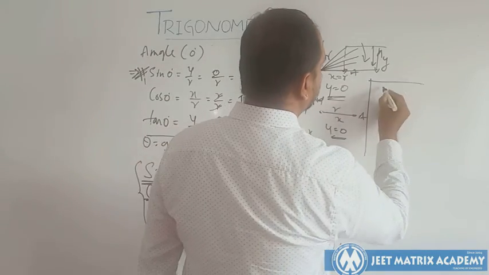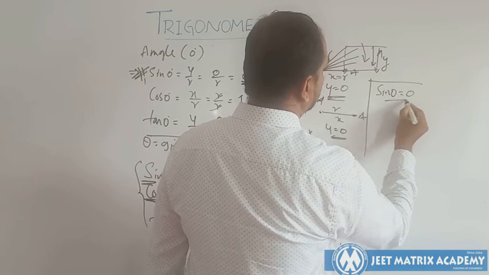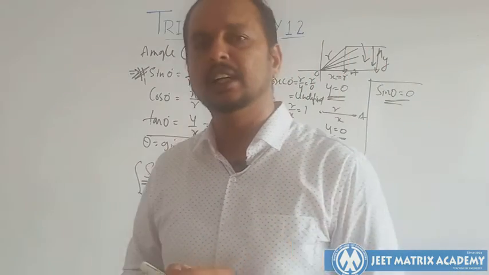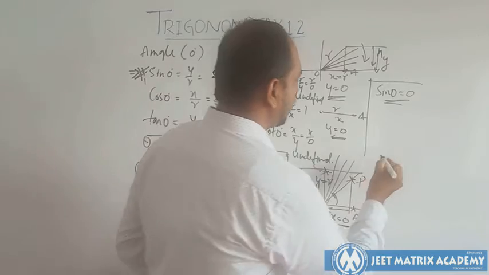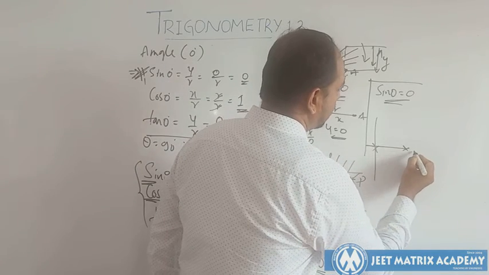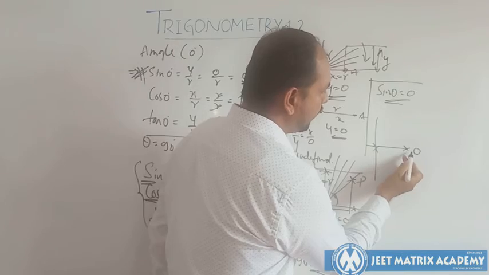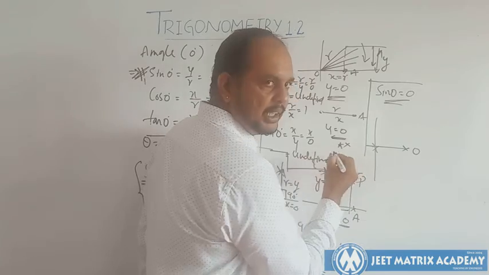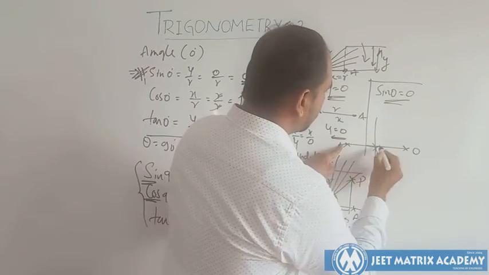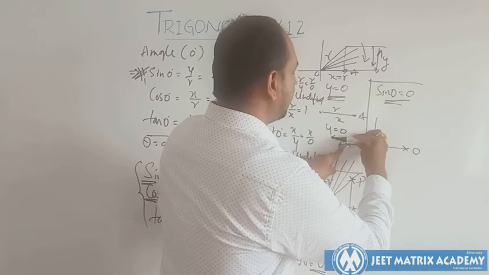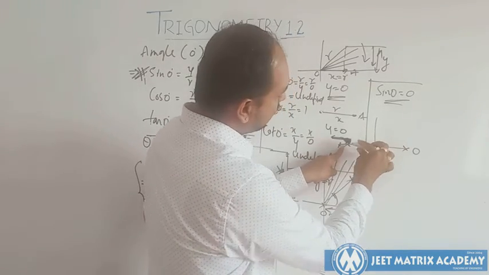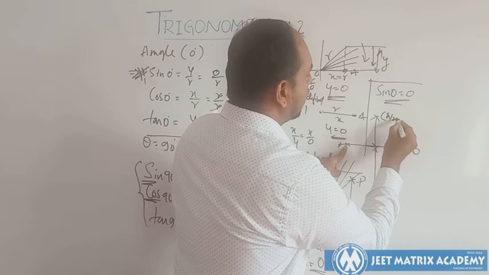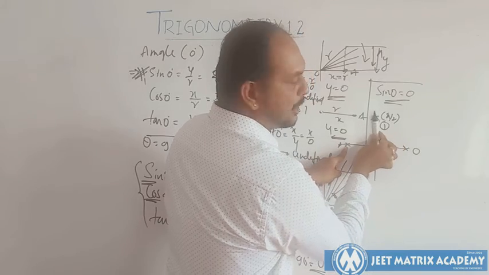Only you are supposed to remember sin 0 is 0. If you remember sin 0 is 0, what can you say? Again, I will repeat: sin 0 is 0. So at 0, sin becomes 0. Next, where will it be 0? At pi, it will become 0. So sin is 0 at 0, and then again it reaches the x-axis at pi. Sin 90 gives positive 1.